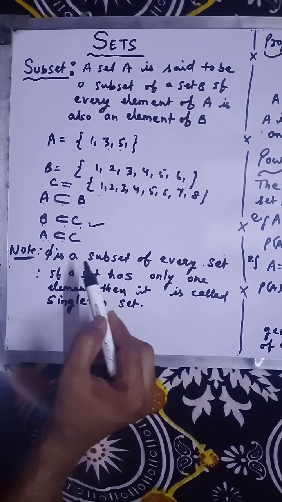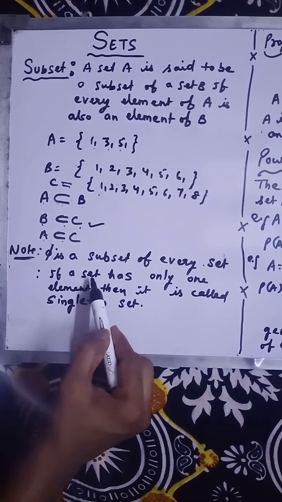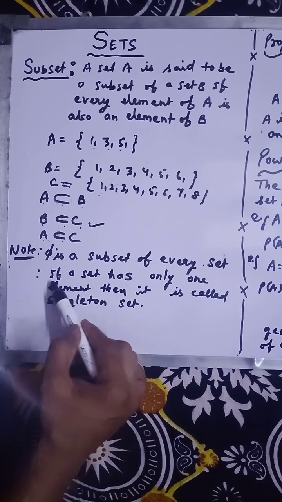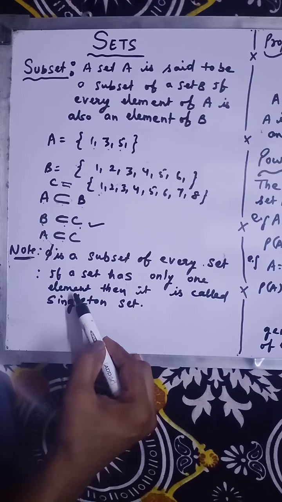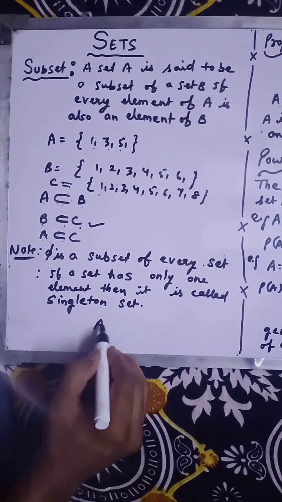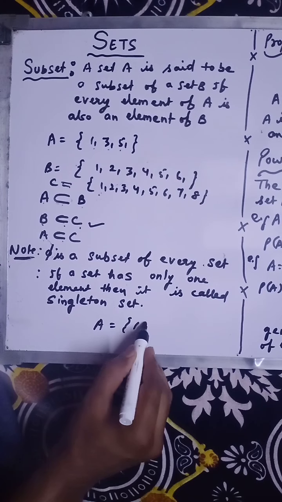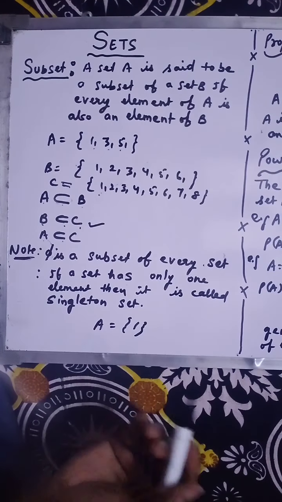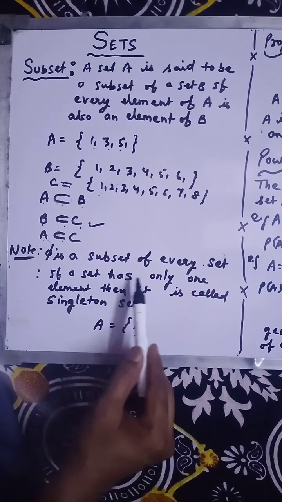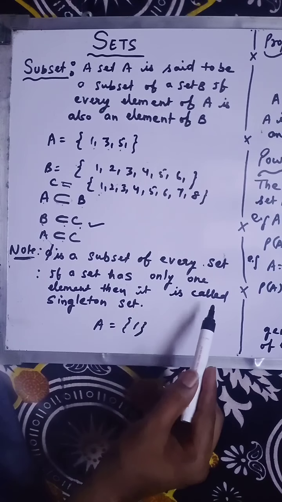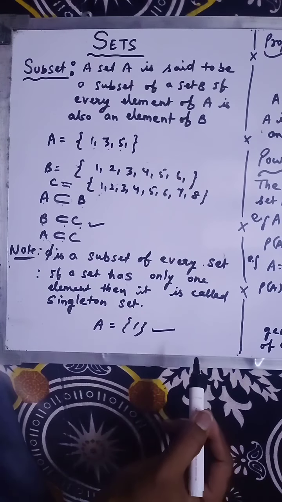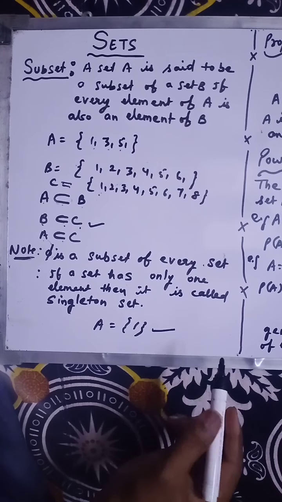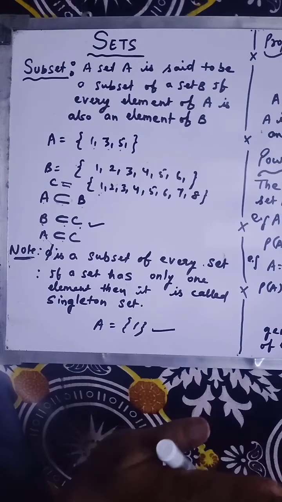Second point: if a set has only one element, suppose A is a set and it has only one element, then it is called a singleton set. These are the two definitions you have to learn.